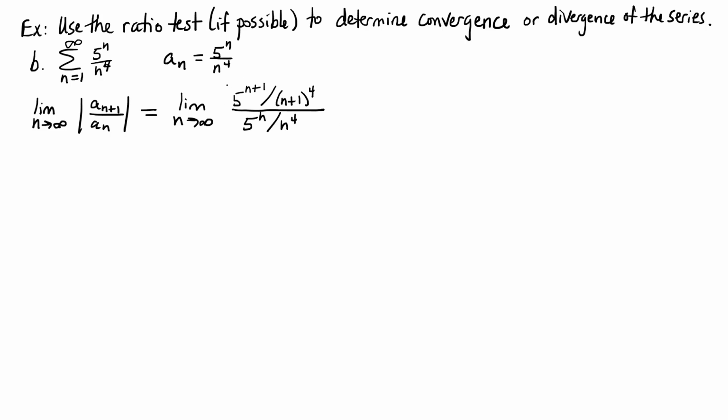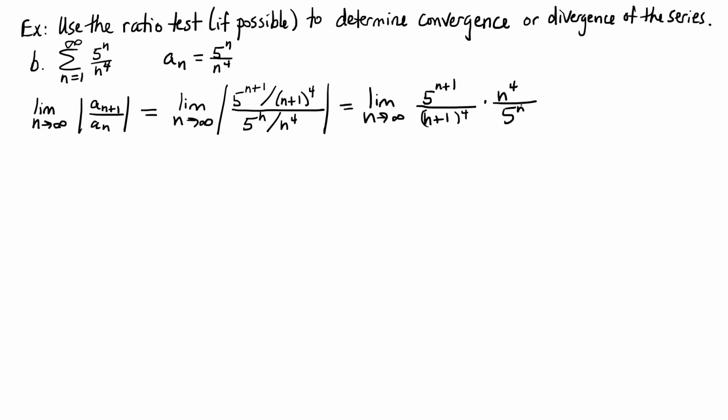We don't really need the absolute value because this expression will always be positive, so I'm going to drop that. This is really 5 to the n plus 1 over n plus 1 to the 4th times n to the 4th over 5 to the n.